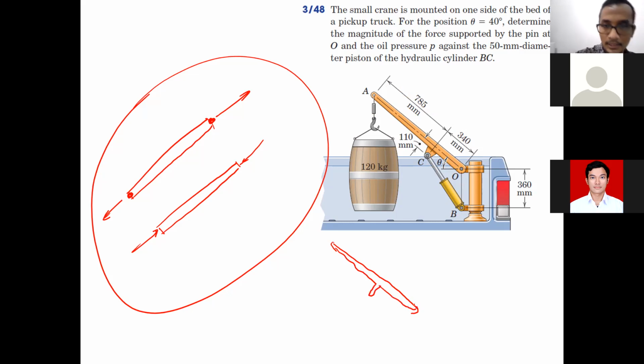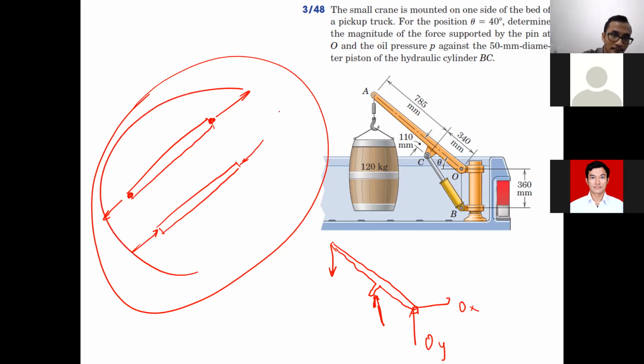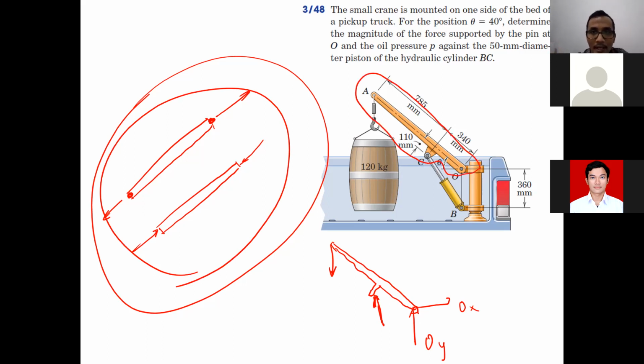So at O there is OY and OX, and then at C there is an external force, and at A there is a force as well. So the force acting on this particular member is not just at both ends. We call this kind of member a multi-force member.